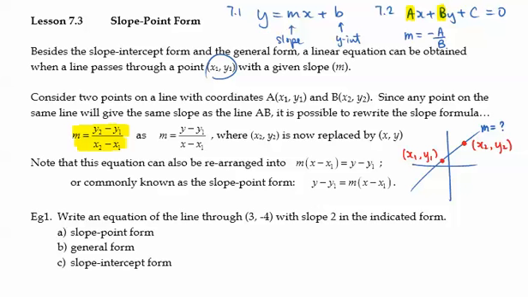But there are times when they don't give us 2 points. They may give us the slope already, and they will give us one of the 2 points for now. That means we don't have the coordinates for the second point. If we don't know the coordinate of the second point, so that is now gone, we will still be able to come up with something similar to the slope formula.